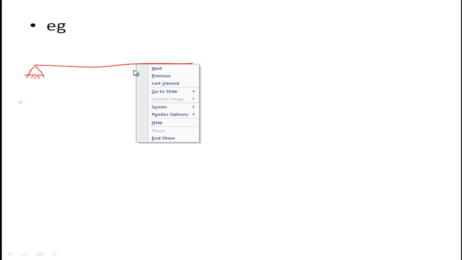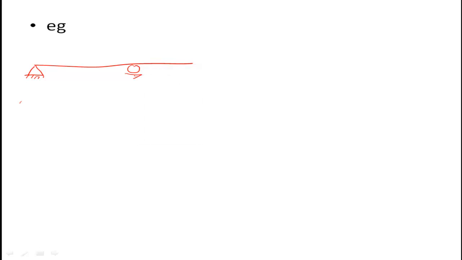We have a beam here which is supported on a pin joint at the extreme left side and a roller joint on the right hand side, and there is an overhang also on this beam.